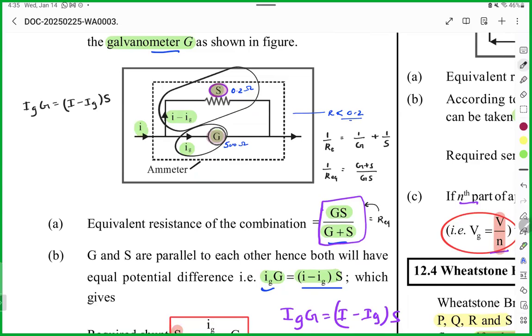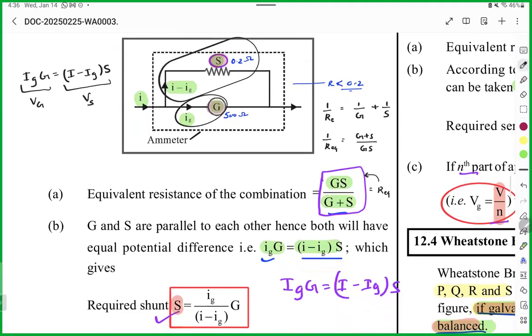Because the total potential across G will be equal to the total potential across S. Understood? If you know this, you can calculate the S value. What is the shunt value? How? Because Ig goes through the galvanometer, I minus Ig will go to the other side. Correct?